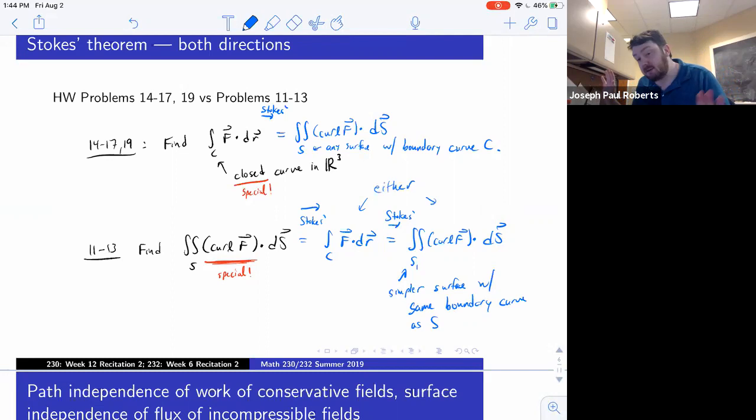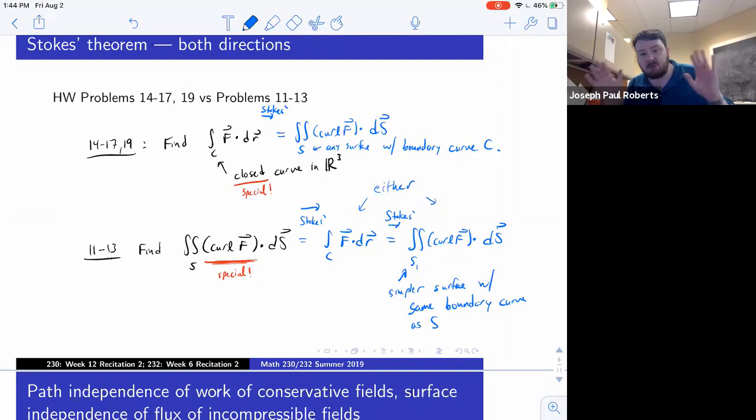But if we ever ask you to do the flux of curl F, we're not going to tell you to do it, but we want you to realize that you're supposed to do the work of F on the boundary curve or the flux of curl F across a simpler surface.